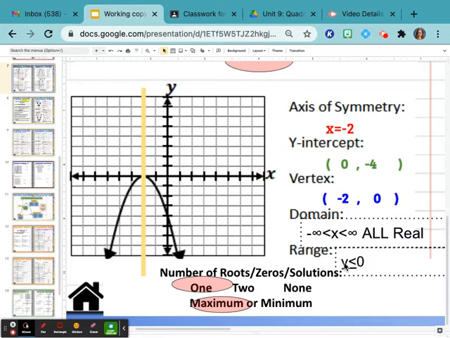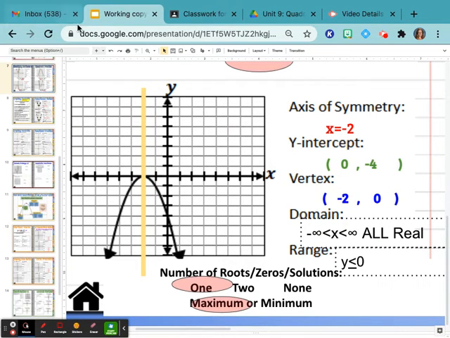And then our range, y is going to be less than or equal to 0 because it does not go above 0. So it has to go below, which means less than. We have one solution, one root, and we have a maximum. So our vertex and our solution are actually the same on this.